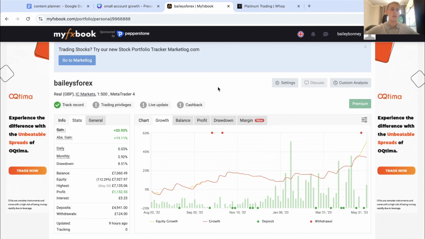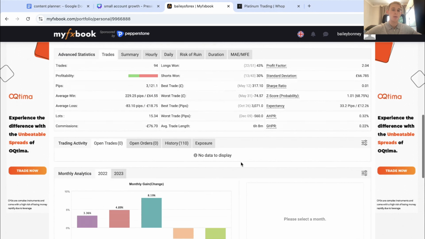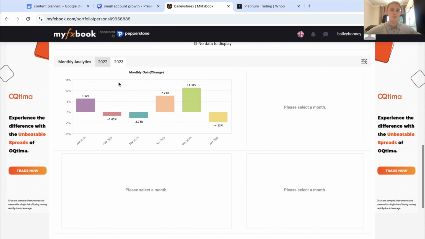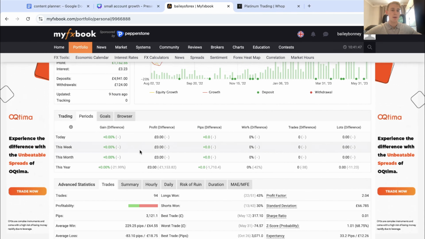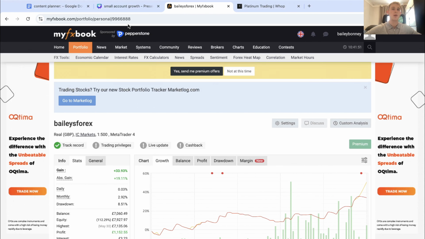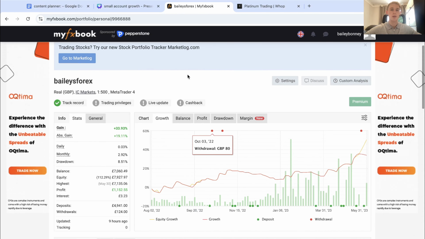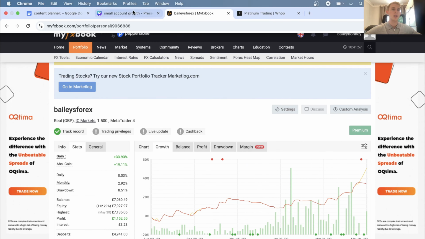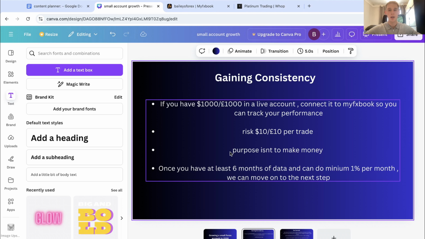You guys can connect your account to MyFXBook completely free, and this is just going to enable you to track pretty much every single stat that you could possibly need to know. Here we have the monthly percentage gains. You have other useful statistics here as well, and pretty much anything you could need to know about the strategy is tracked by this algorithm. So I highly recommend connecting your account to MyFXBook.